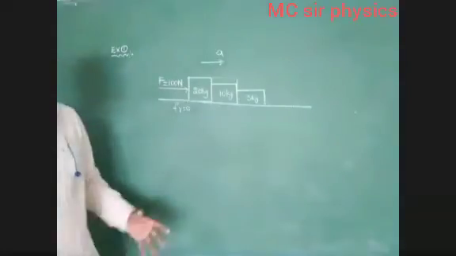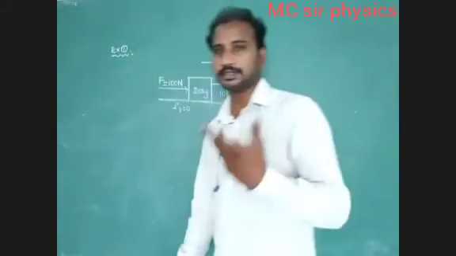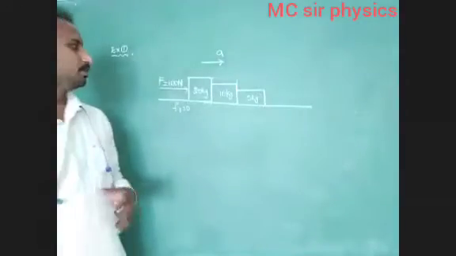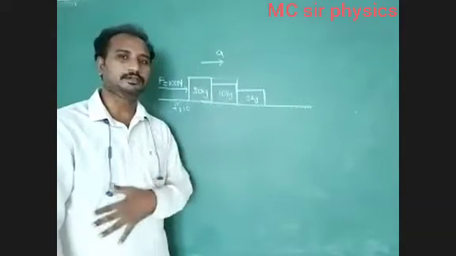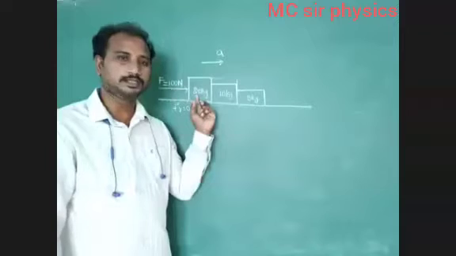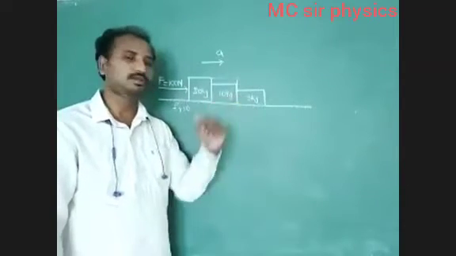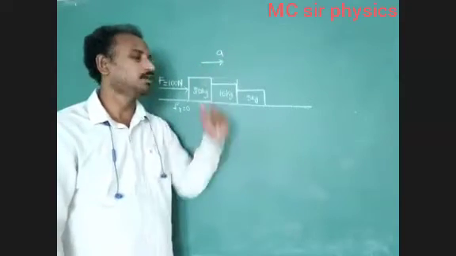This problem is almost related to the previous example problem. Just identify here: three blocks are arranged on a horizontal surface. Mass of the first block is 20 kg, the second block 10 kg, the third block 5 kg. What is the total acceleration of the system?